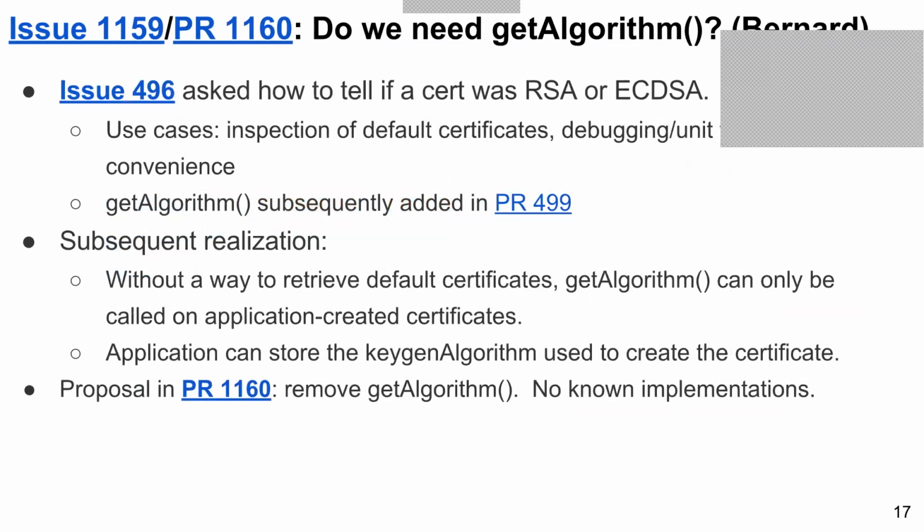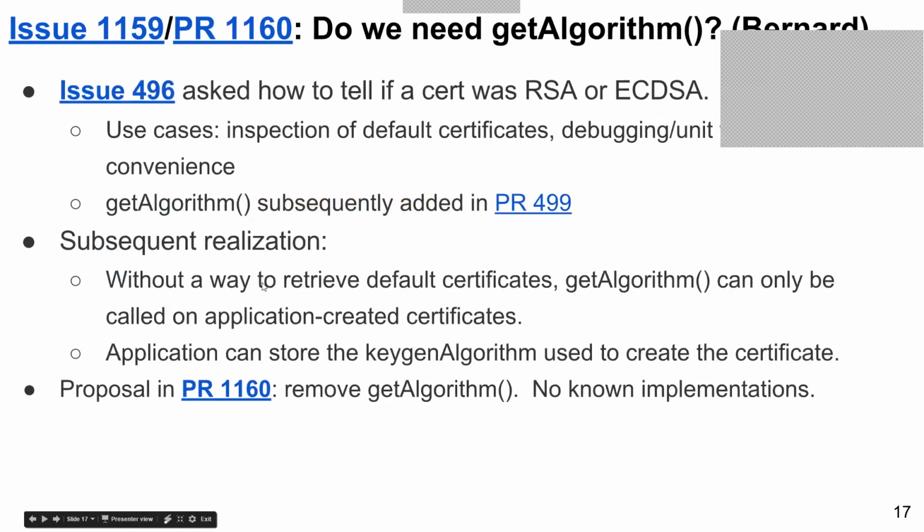Okay, so the next one is about getAlgorithm and relates back to the other one. In issue 496, the question was asked how to tell if a cert was RSA or ECDSA, presumably for the default certs. As a result, we added getAlgorithm in PR 499.